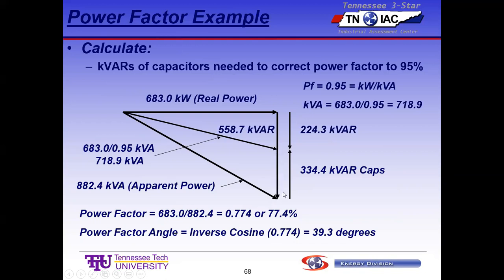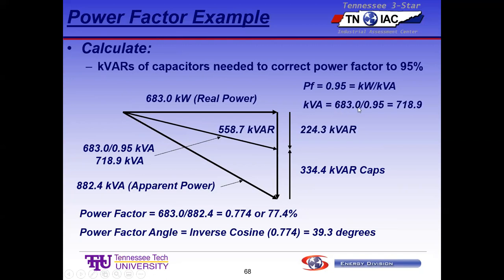So the way we can calculate this is, if my power factor was right on 0.95, and power factor is kW over kVA, let me solve for what the kVA would be.